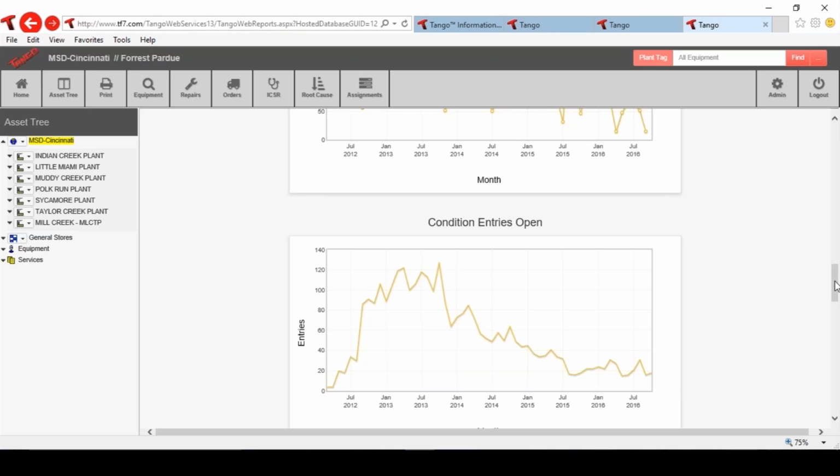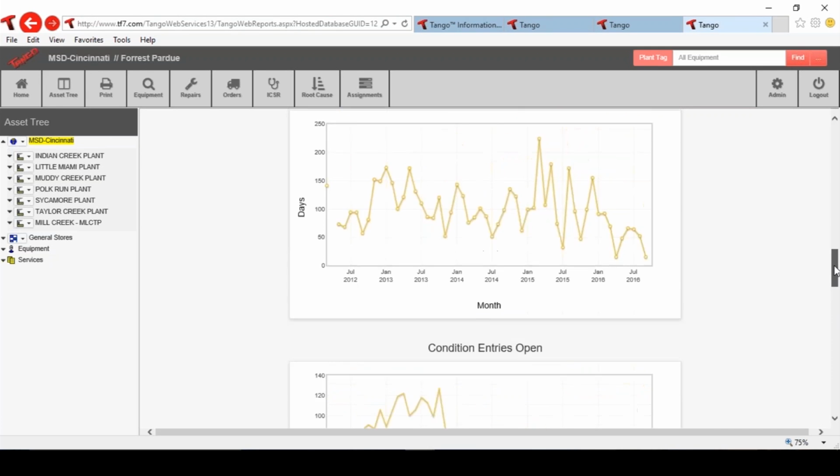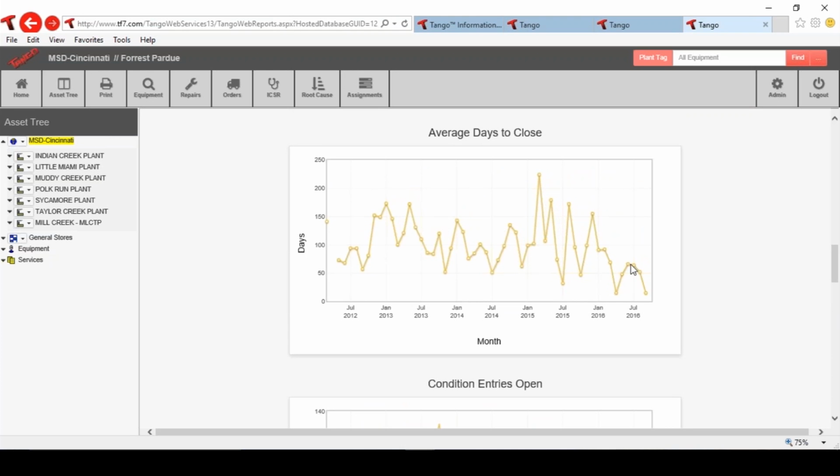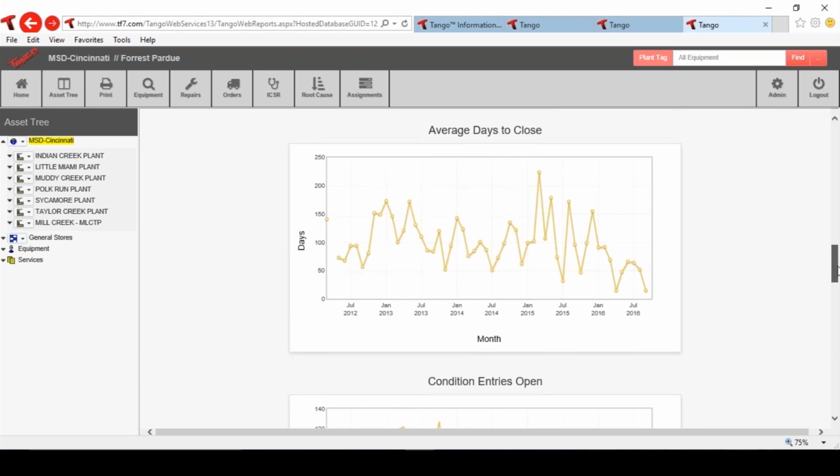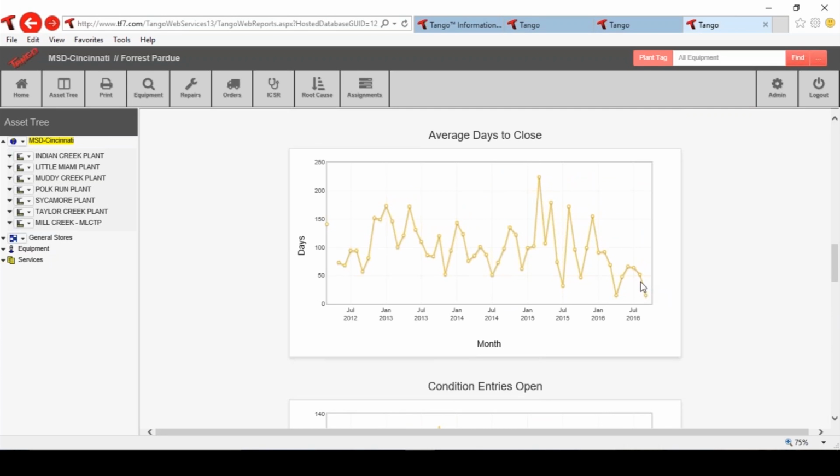And this is a very large facility. They're monitoring a couple thousand assets here. Wow. And so they're just on top of things real well at this particular plant. Right. And their average days to close, they're running 50 to 15. Looks like on a good day they're down less than 20, but they're kind of doing better and better as time goes on.